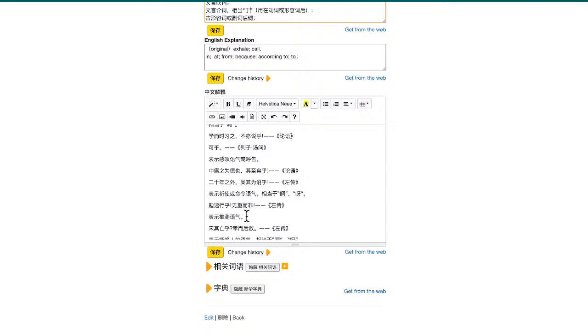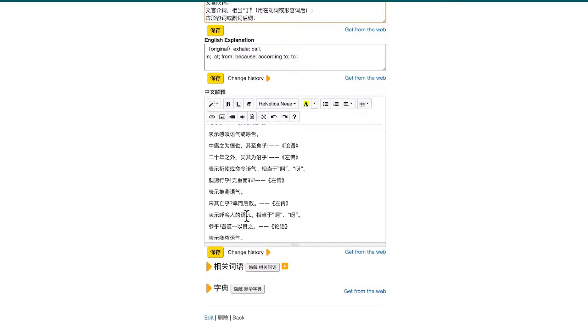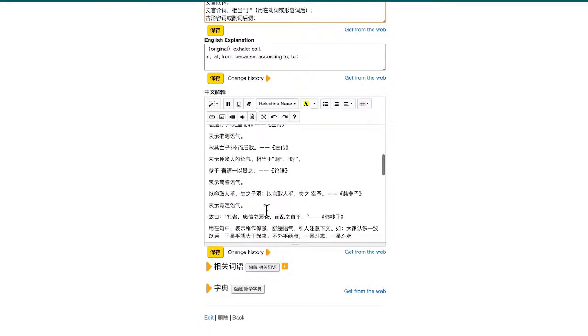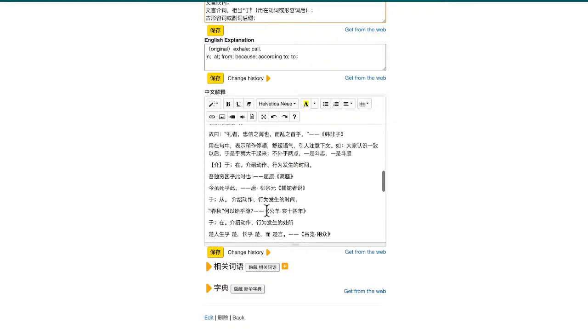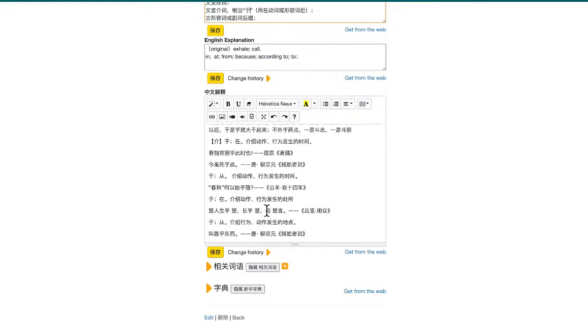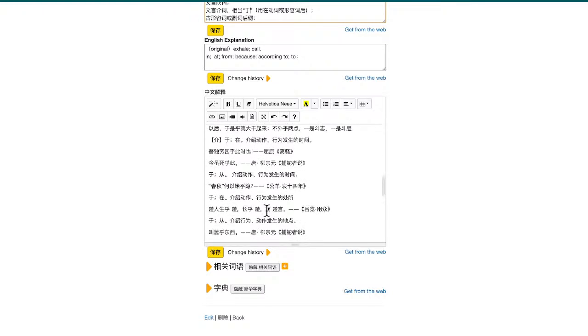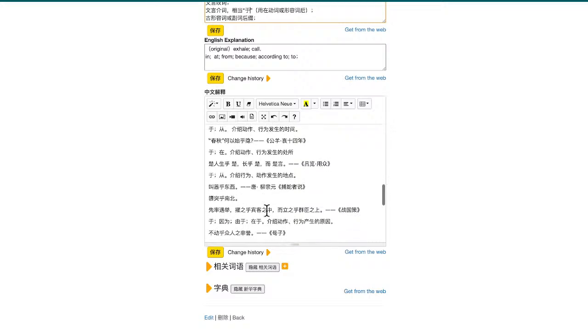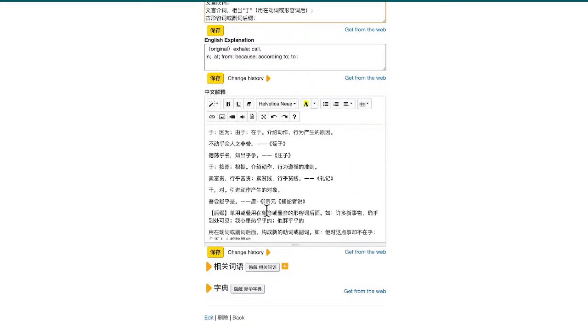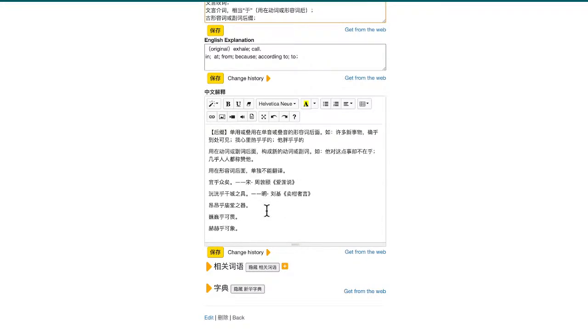Basically this hu is added here to express some kind of emotional quality. Now this one is very commonly used in ancient text. It's not actually used much at all in modern Chinese.